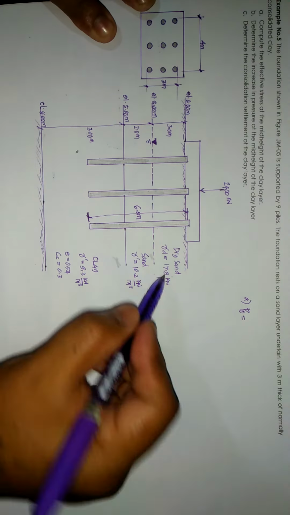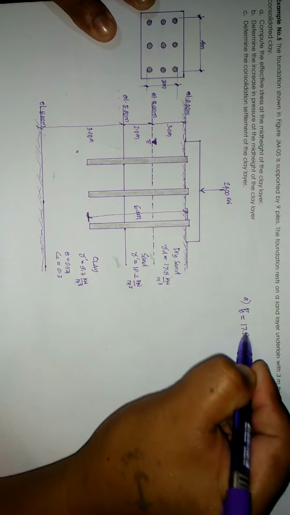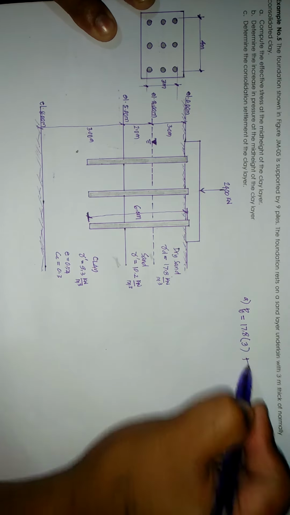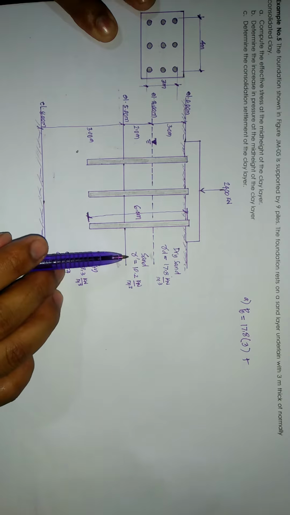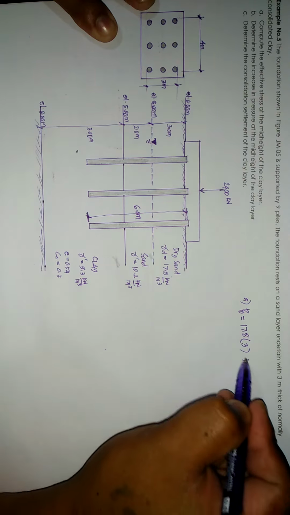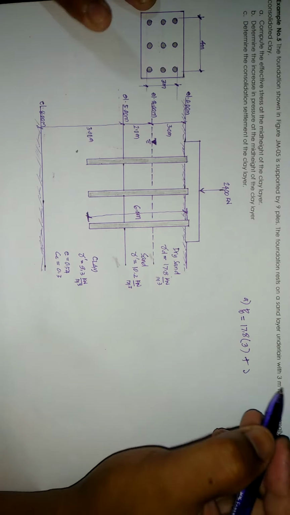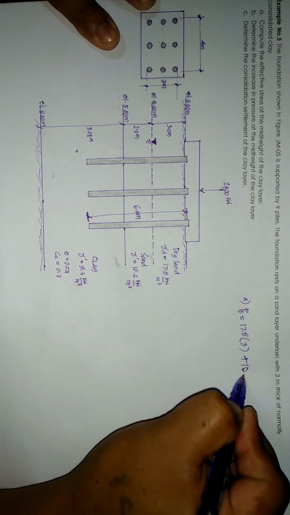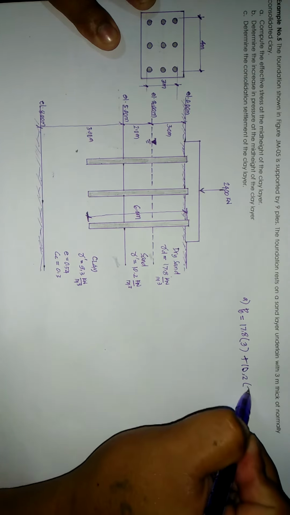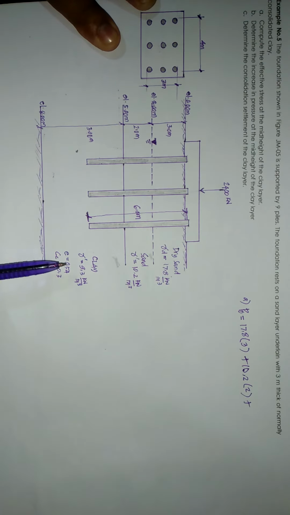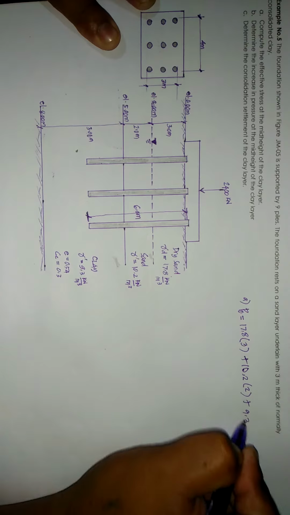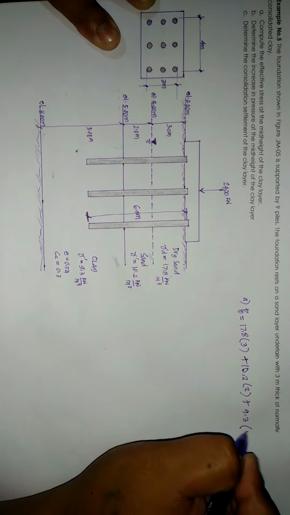So, Po equals 17.8 times 3, plus, hindi na siya gamma sat, yung given gamma prime na. So, diretso lang siya. Plus gamma prime, 10.2 times 2, plus, again, gamma prime din ang given dito, plus 9.3 times 1.5.